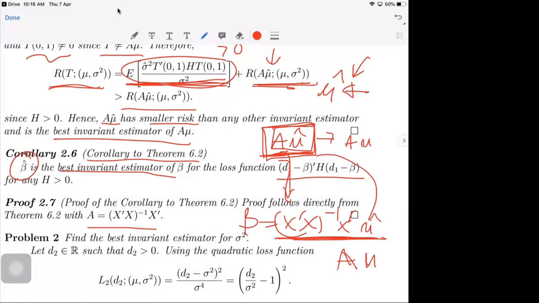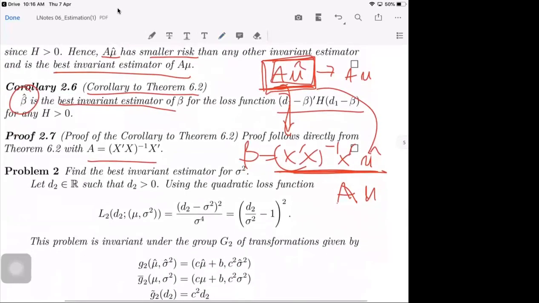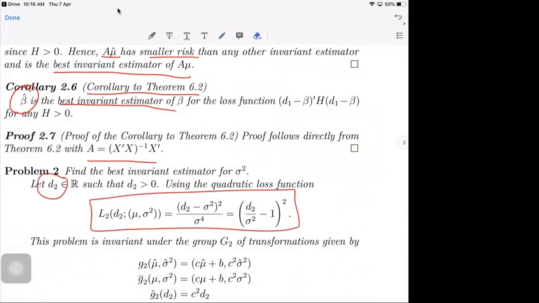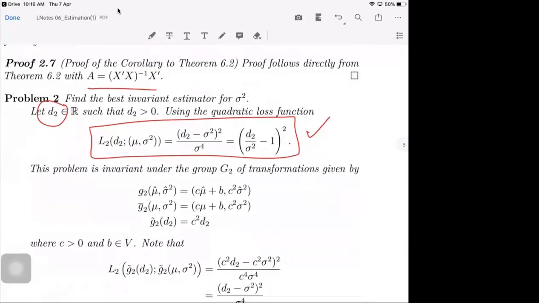Okay, so if we have another type of loss function, so for example, here we already have the estimator but your loss function is like this. So the group of transformation is different again. So the group of transformation will depend on your loss function. If this is your quadratic loss function, as defined here, then the group of transformation will be G2.